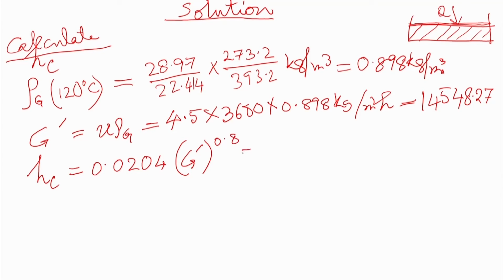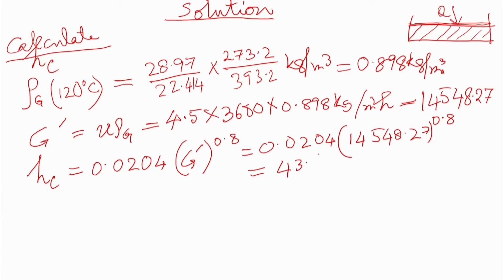So, we put in 0.0204 into 14,548.27 to the power 0.8. It comes out to be 43.639 watt per meter square Kelvin.